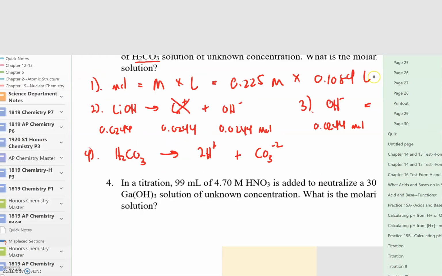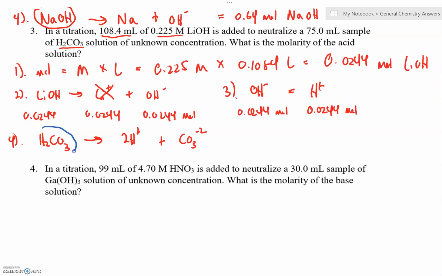I'm going to change colors. There are 2 H's in H2CO3. So if you have 0.0244 moles of H plus, which you do because you got it from here, how many moles of H2CO3 are going to be necessary?